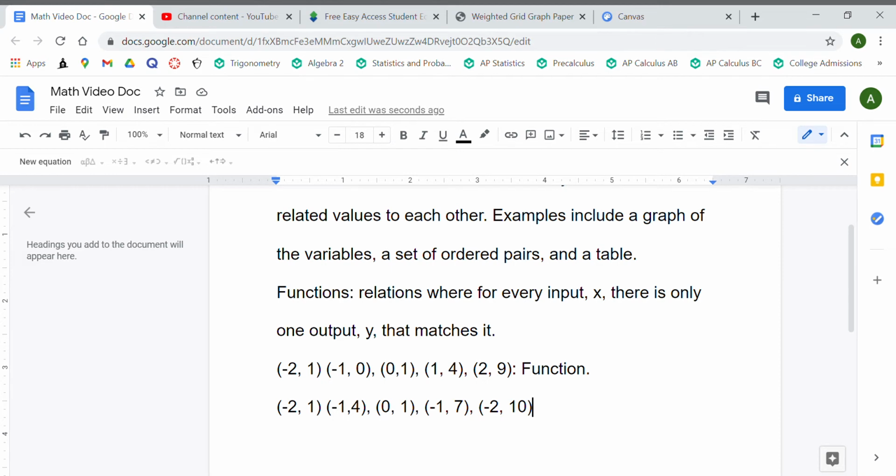Here we have our set of coordinates, ordered pairs. Notice we got a couple repeats in x values. Negative 2 shows up twice, and with one input there are two outputs, 1 and 10. Same thing with input negative 1, two outputs, 4 and 7. So the function rule does not exist here, and this is not a function.